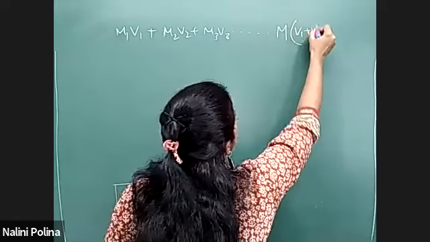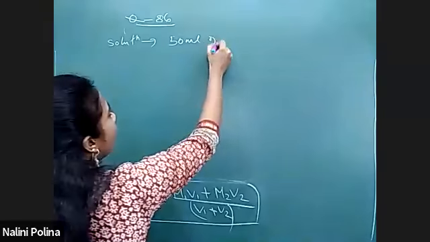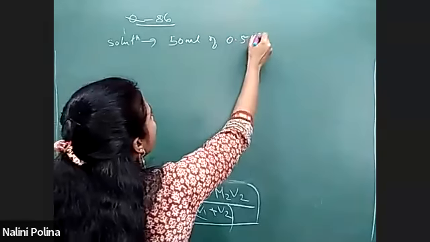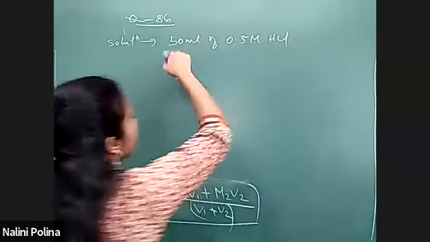Okay, so here two solutions are there, right? So what is solution 1? What is the molarity and volume of solution 1? It is 50 ml of 0.5 molar HCl. This is solution 1.